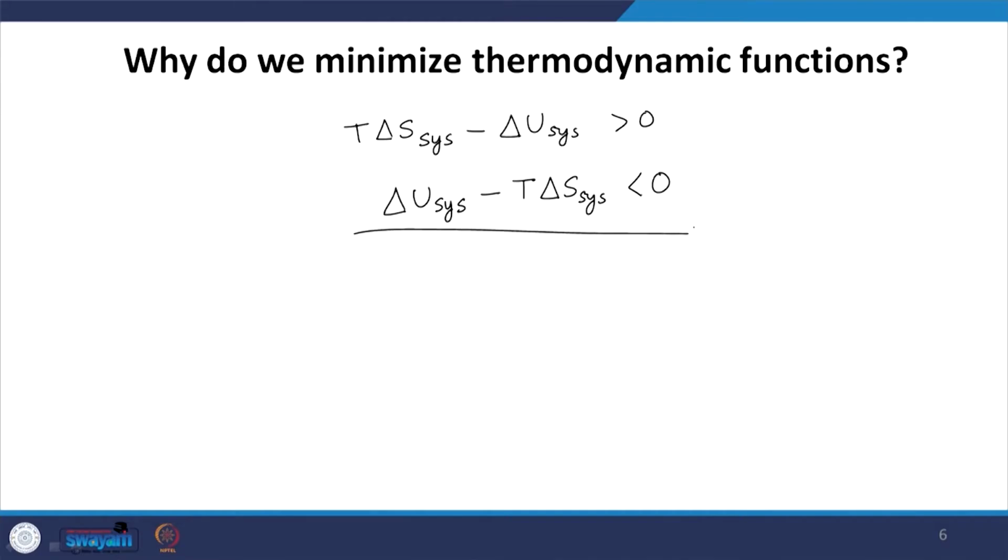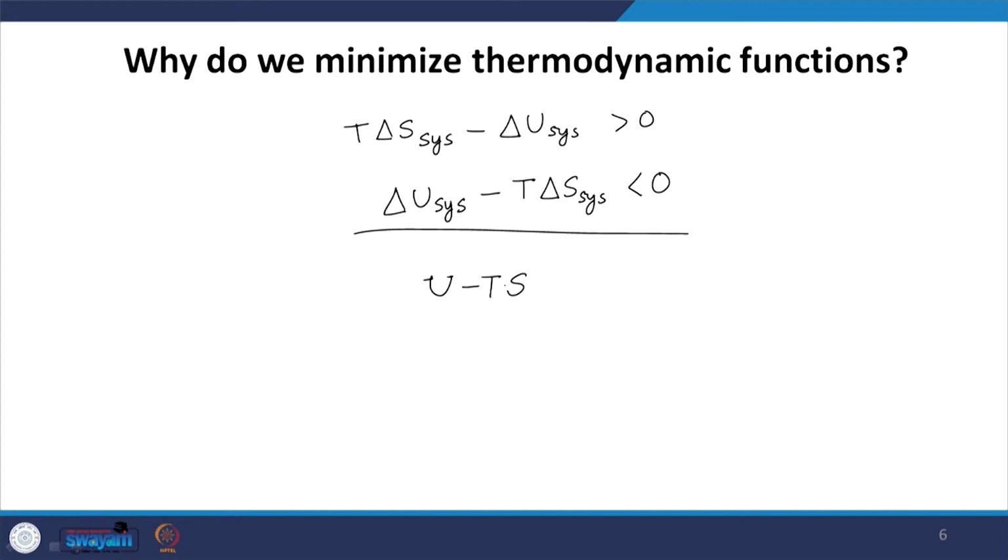So, what we have managed to write is the same expression of the second law of thermodynamics in terms of the energy change and the entropy change for the system alone. What this means is that instead of S being maximized, we can define a function U minus TS that should be minimized.